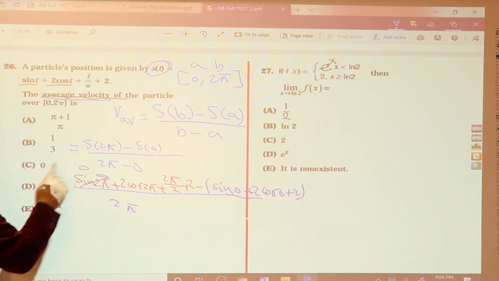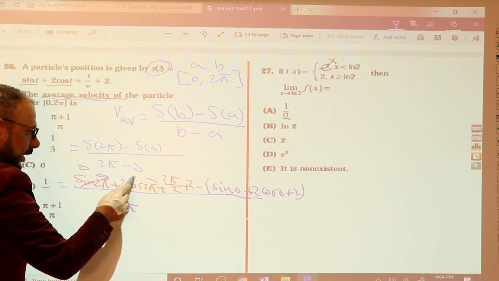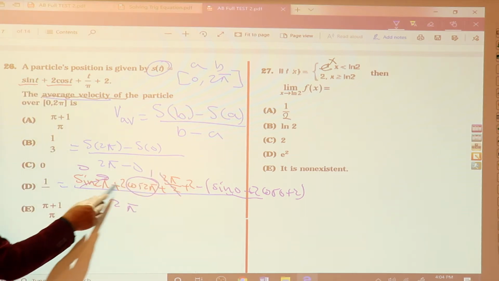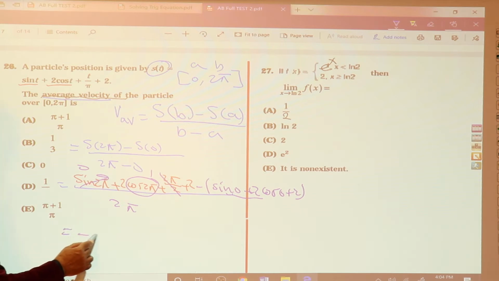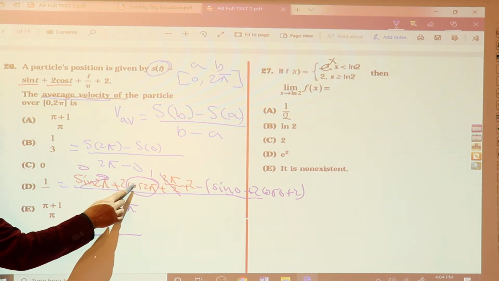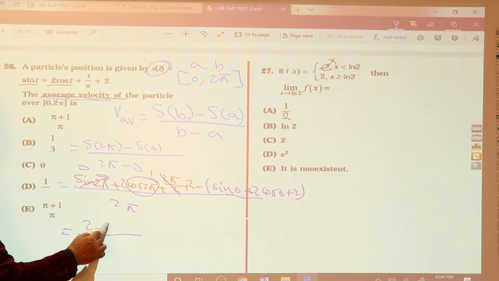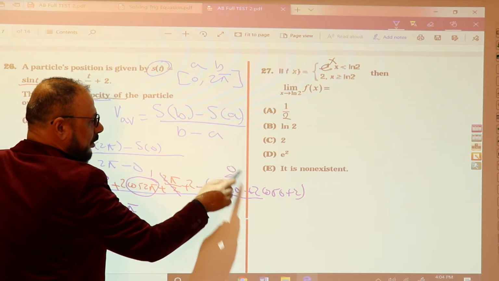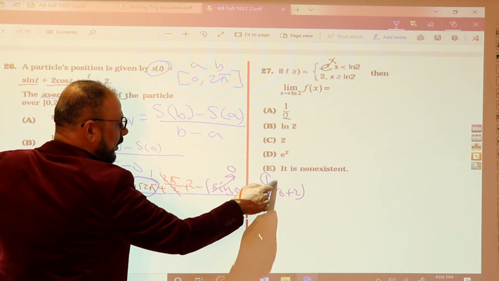Sine 2 pi is 0, but cosine 2 pi is 1, and sine 0 cancels. There's going to be 0 plus 2 times 1 is 2, plus pi from this term, plus 2. Cosine 0 is 1.